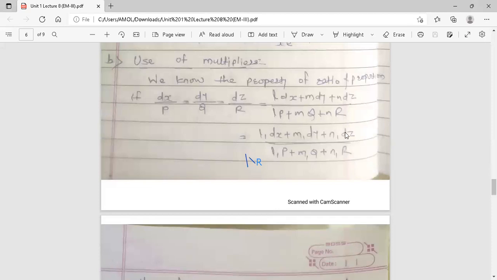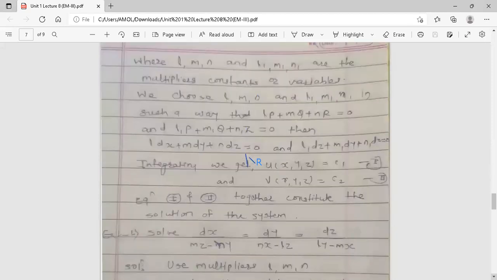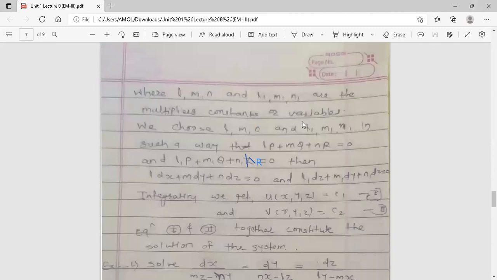Similarly, for the second set, if the denominator term L1p plus M1q plus N1r is equal to 0, then the numerator term L1 dx plus M1 dy plus N1 dz is also equal to 0. So we have L dx plus M dy plus N dz equal to 0, and L1 dx plus M1 dy plus N1 dz equal to 0.